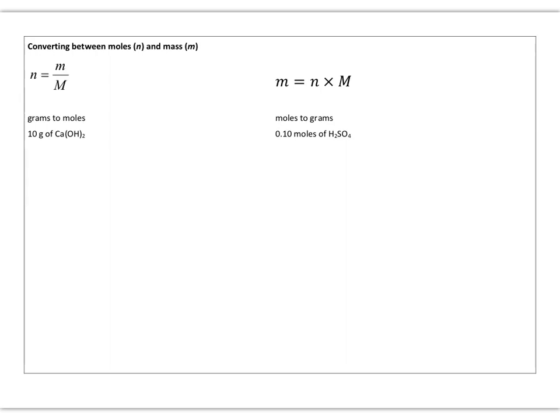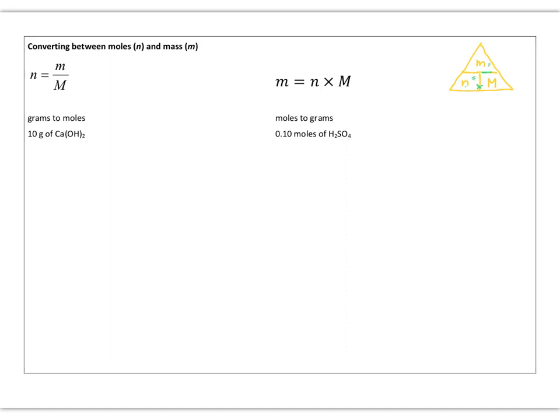I really don't like to use this, but I know some people like to use the triangle to remember how to rearrange these formulas, where you go n equals m over M. So if you want to know the number of moles, that's equal to little m on big M. If you want to know the mass, that's equal to little n times big M, n times M, which is this formula.